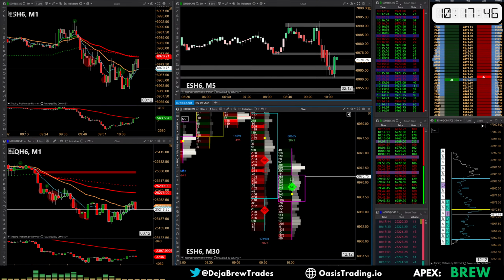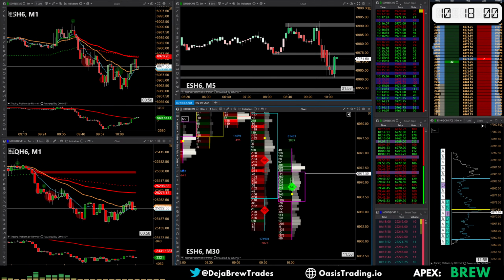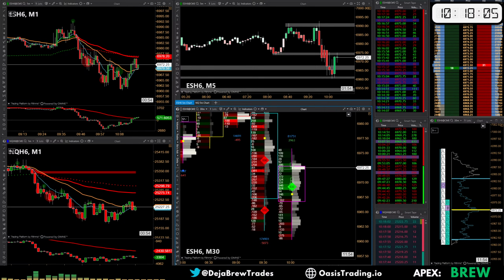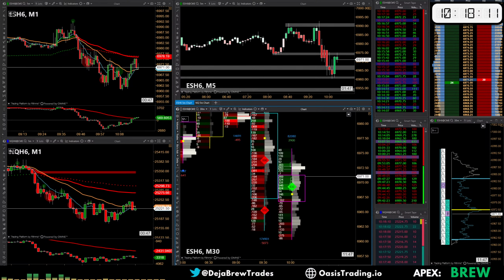You have to learn these things step by step, piece by piece. If you don't understand candlesticks, you can't understand market structure. If you don't understand market structure, you can't understand how to use indicators and volume profile. If you don't understand volume profile, you definitely cannot use Addis, and you cannot use order flow.